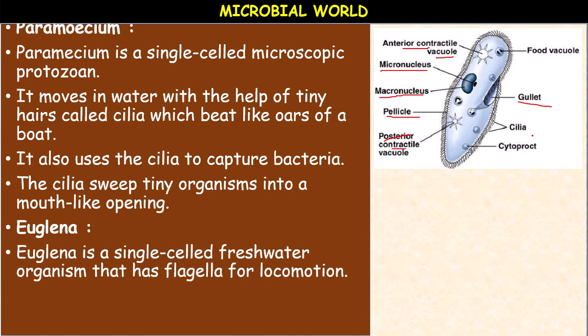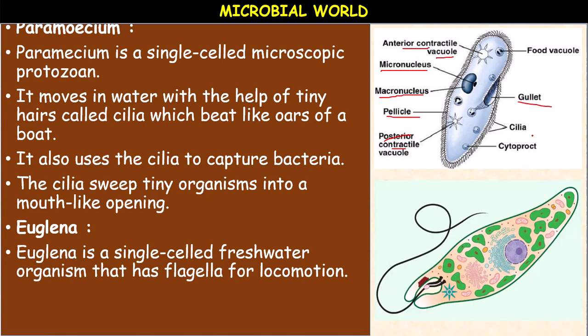Next one is Euglena. Euglena is a single celled freshwater organism that has flagella as a locomotory organ. This is the flagellum, a locomotory organ through which it can move. So, it is a typical organism. Euglena possesses both the characteristics of plants and animals.